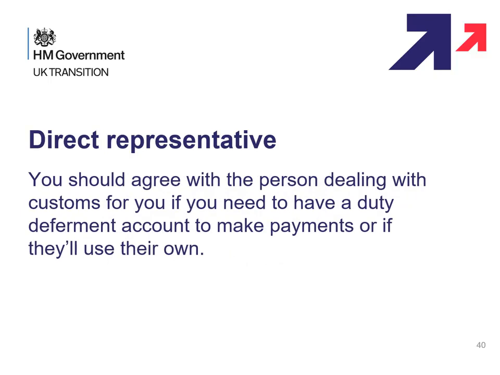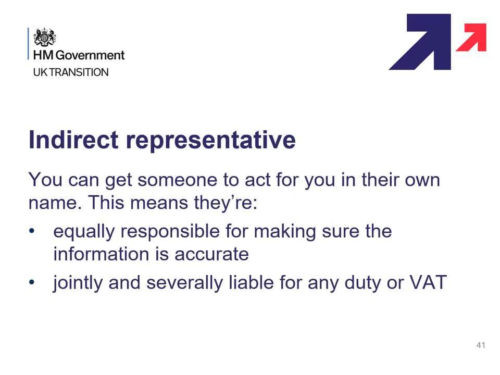You should agree with the person dealing with customs for you if you need to have a duty deferment account to make payments, or if they'll use their own. You can get someone to act for you in their own name. This means they are equally responsible for making sure the information is accurate, and they are jointly and severally liable for any duty or VAT.